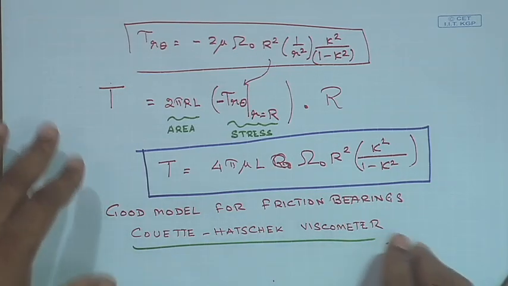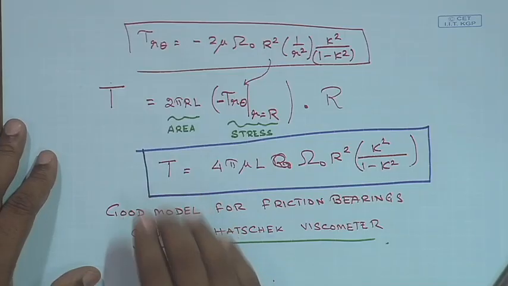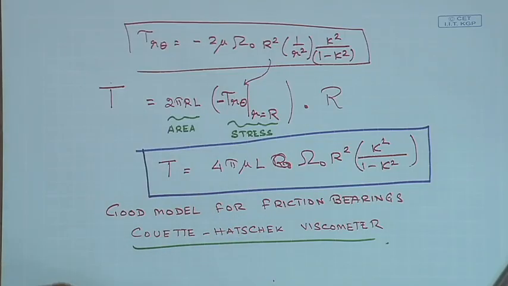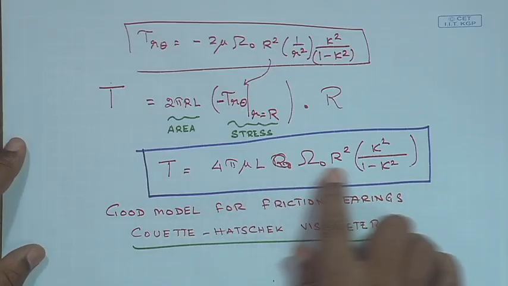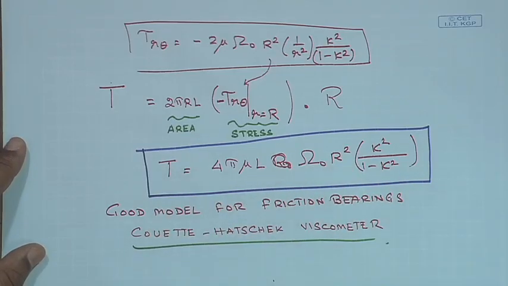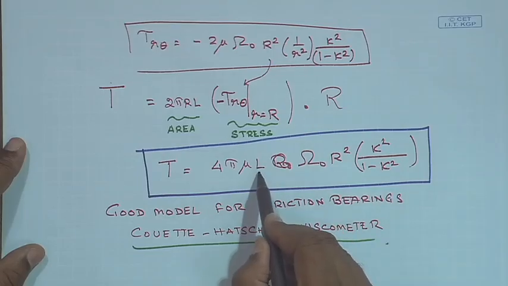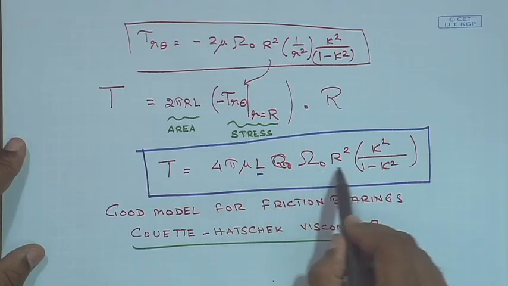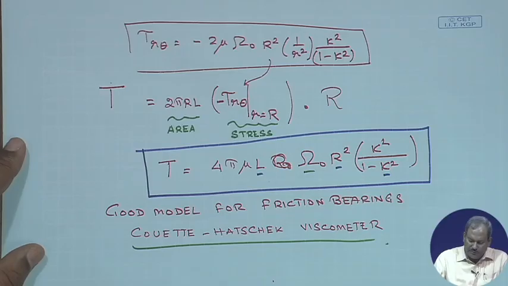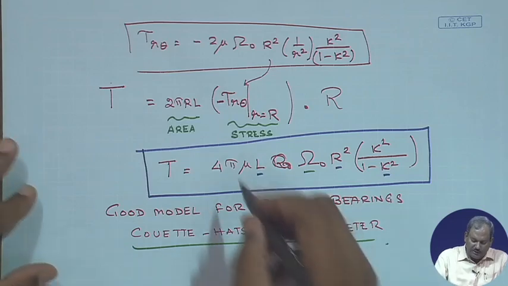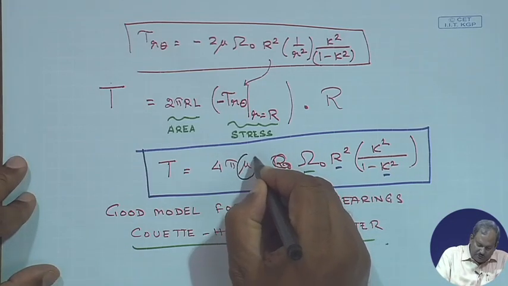So, what we have done so far is we have obtained an expression for torque when we have two cylinders, one is kept stationary, and the outer one is being rotated. The torque expression contains the geometric parameters which are L, R and kappa, the operational parameter which is omega naught, and the property of the liquid that is of interest, mu.